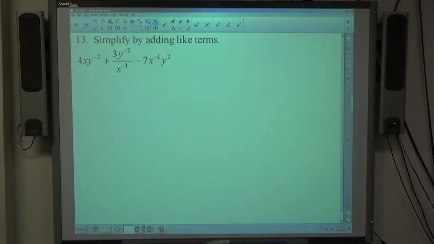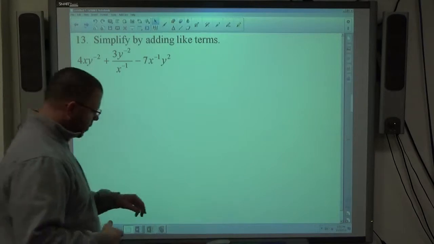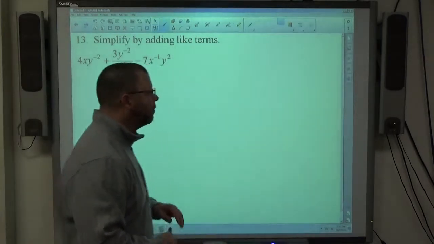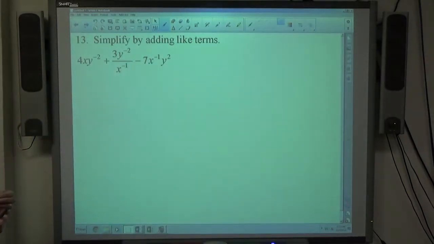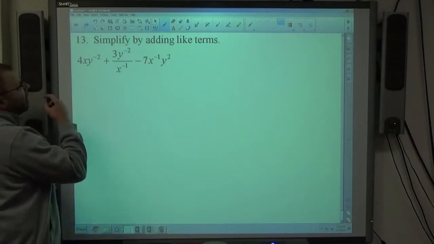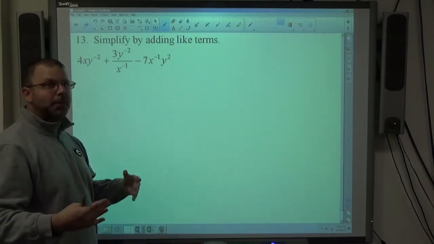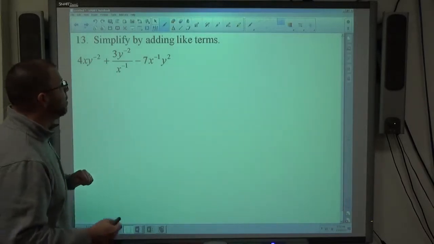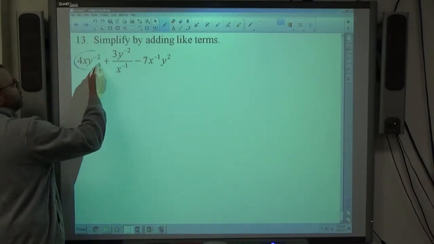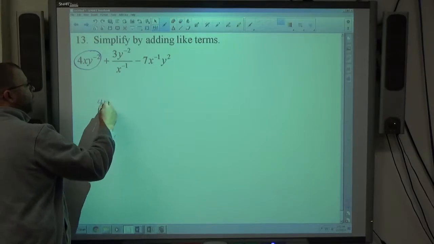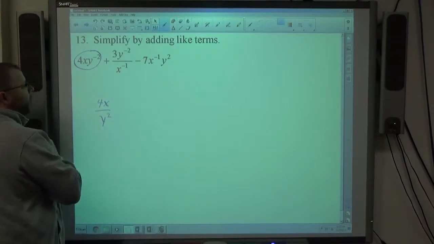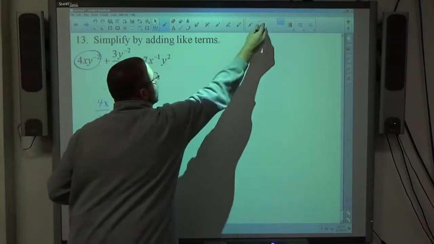13, simplify by adding like terms. So we have to first of all fix each of these objects, then add them together if possible. It's kind of like number 11 was, except on number 11 we had to actually add them together by getting a common denominator. Here, only add them if they're capable of being added. So this needs to be modified. 4 and x belong on the top, y squared belongs on the bottom, negative power.